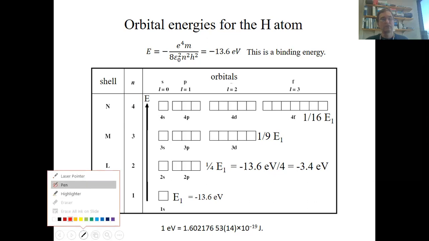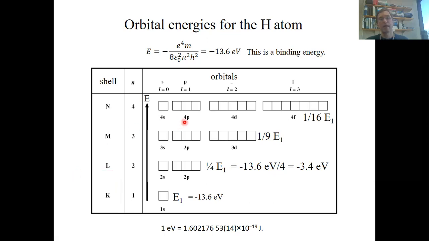So they are not a function of the quantum number L and the quantum number m. So that means that all orbitals that are on the same shell, K, L, M, N, associated with the quantum numbers n equal 1, 2, 3, 4, and so on, have the same energy.